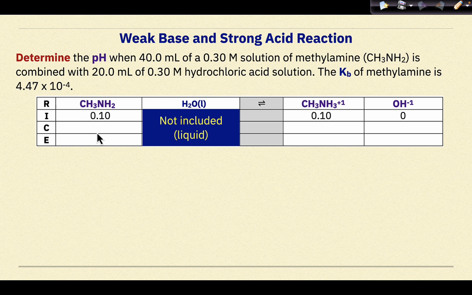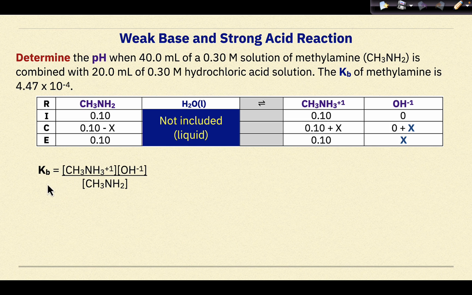Some amount of CH3NH2 will react with the water to produce CH3NH3+ and hydroxide ions. We will assume that X is small based on the Kb value, which is 4.47 times 10 to the negative 4. Therefore, at equilibrium, the values in the RICE table will be 0.10, 0.10, and X. Using the equilibrium expression for Kb, the values from the table can be substituted into the expression.